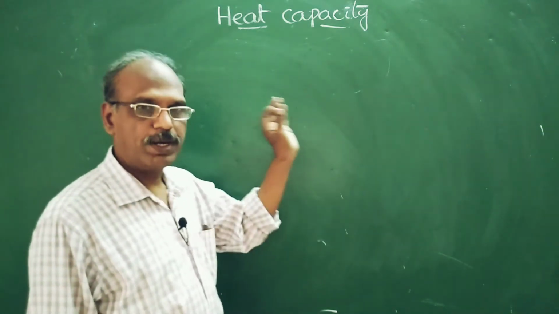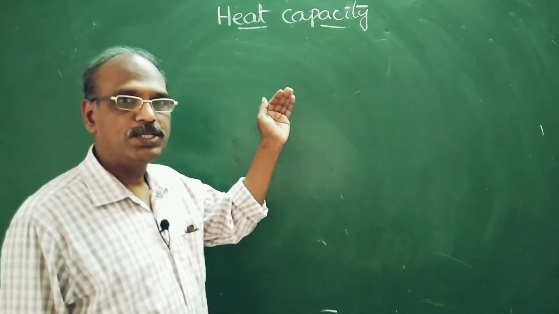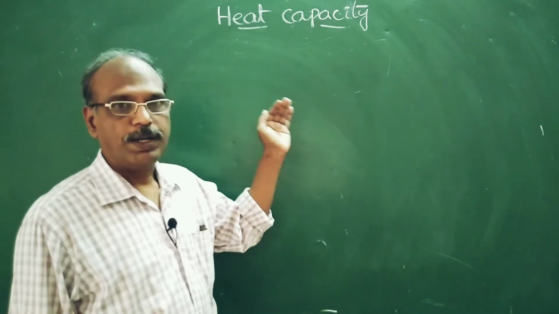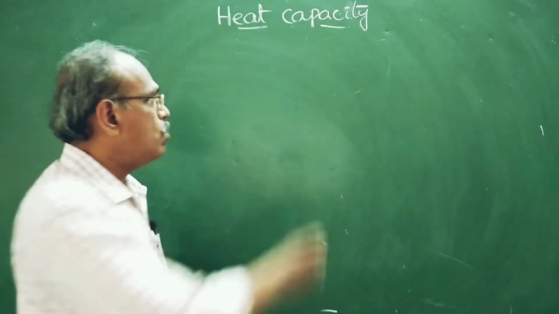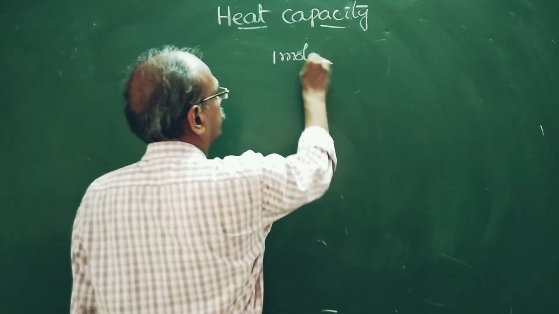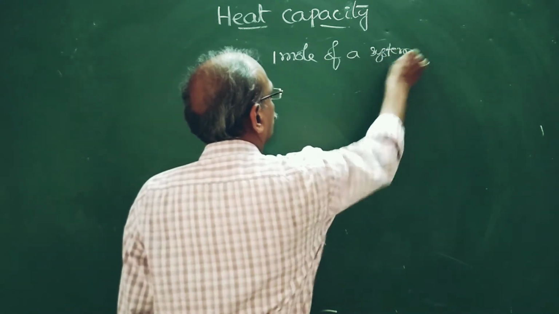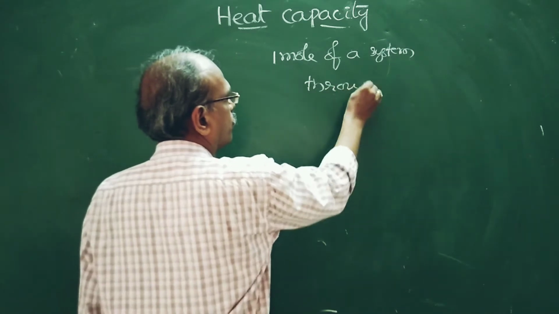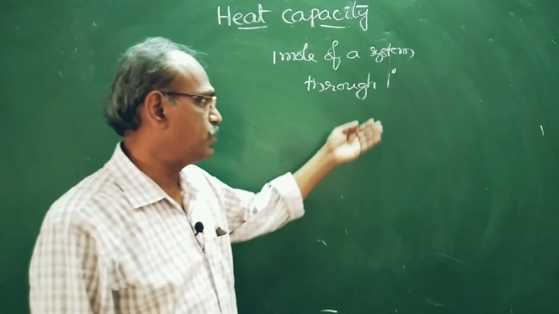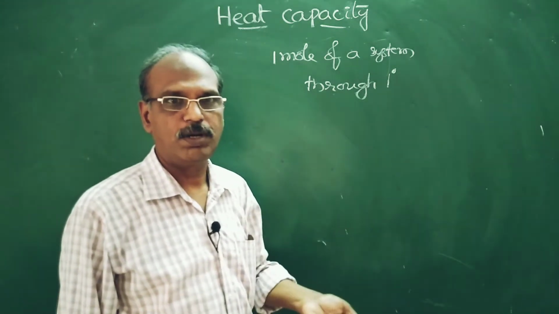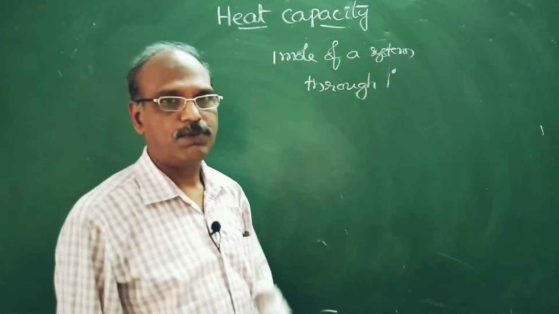It is defined as the quantity of heat energy required to increase the temperature of 1 mole of a system through 1 degree. That may be in any scale. The difference is 1 degree, maybe in Celsius or Kelvin, whatever it may be, the variation is 1 degree. So that is called the heat capacity of a system.